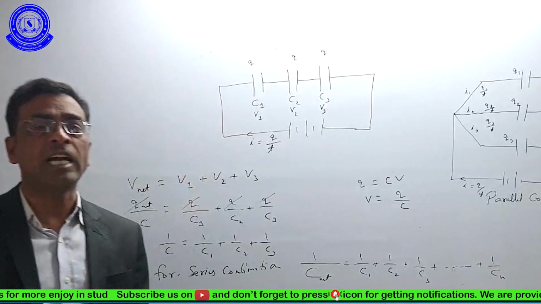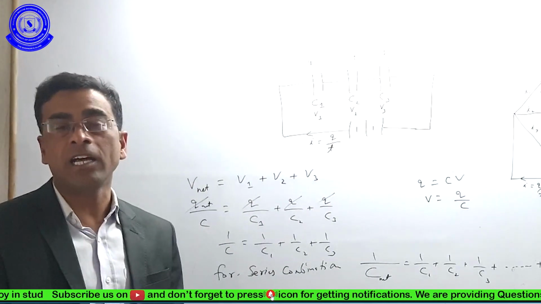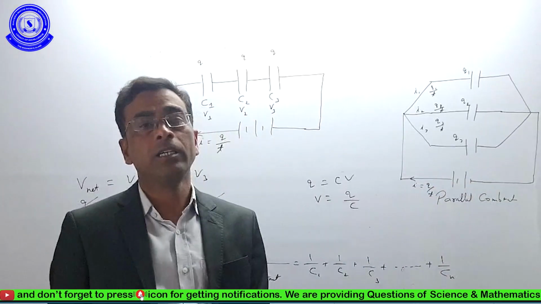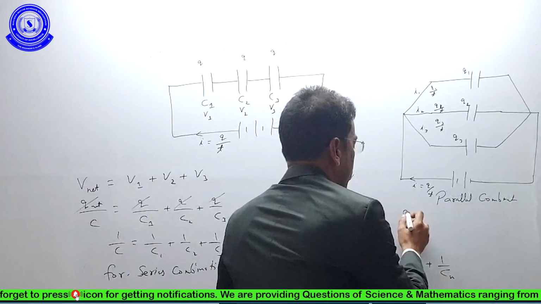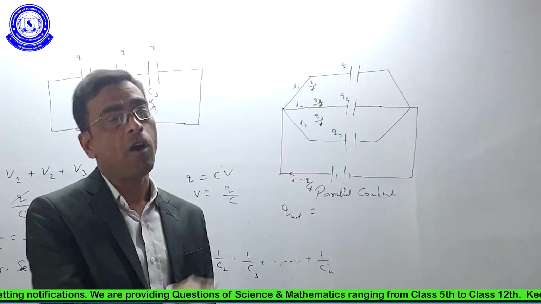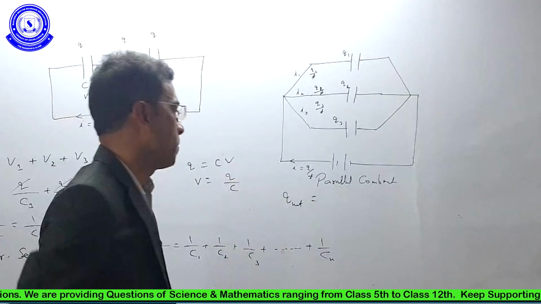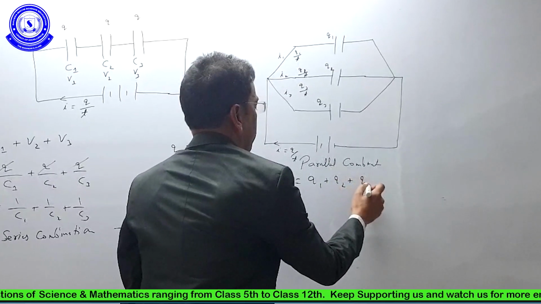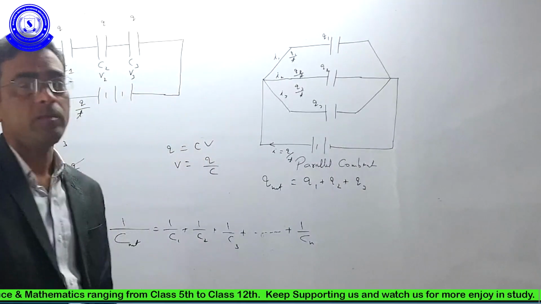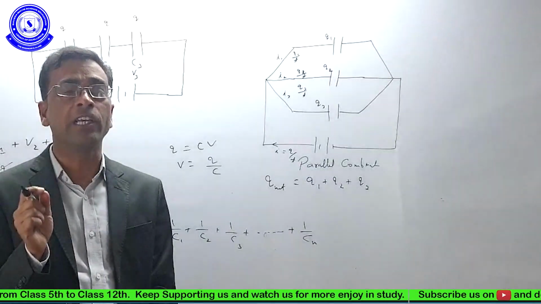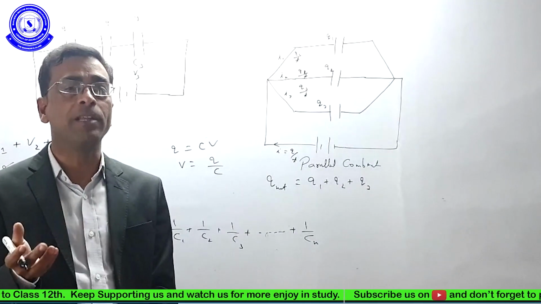Then the total charge carried out by the source of EMF will be Q net, the charges collected by all these capacitors, that is Q1 plus Q2 plus Q3. You know that potential difference is always the same for the parallel combination.